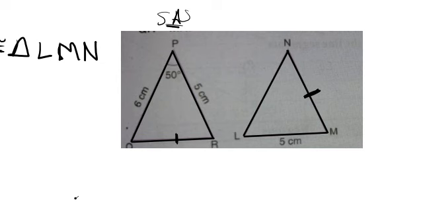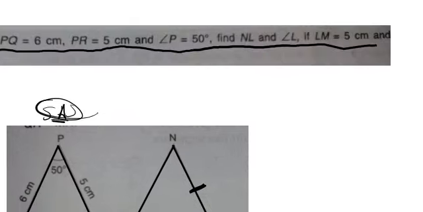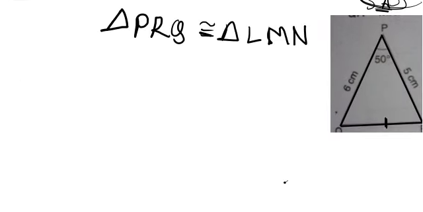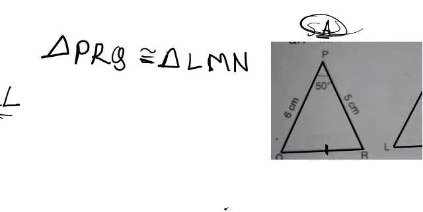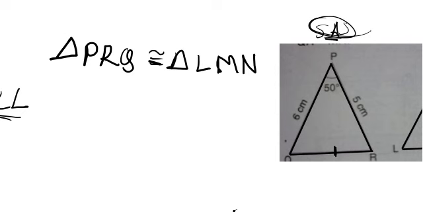Now we don't need to go deep into the rule or criteria, but we'll see that PQ is 6 centimeters, and in the question we have been asked the length of NL and angle L. So angle L first, we'll find angle L first. Now remember this, if two triangles are congruent, then their corresponding parts will be equal as well.